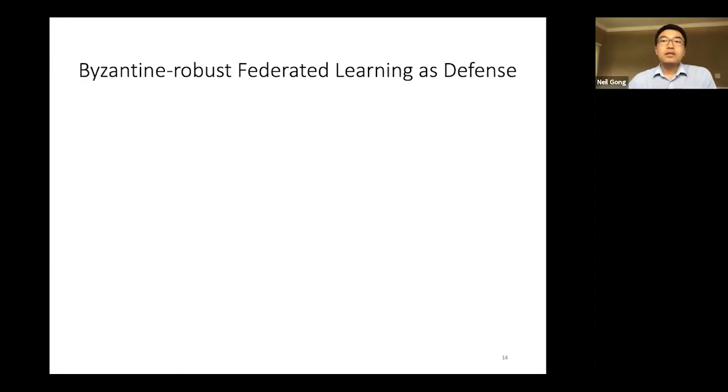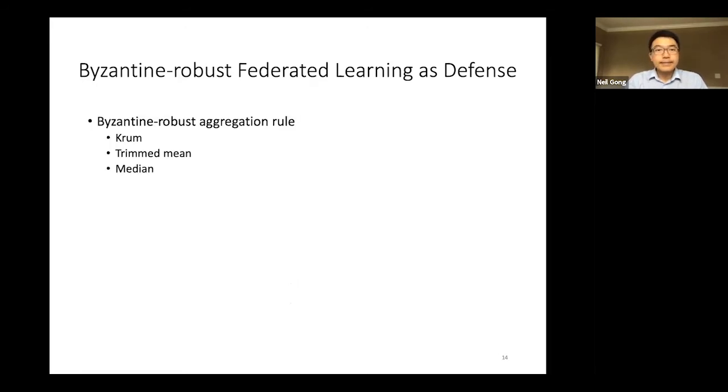To defend against these poisoning attacks, the machine learning community has developed multiple Byzantine-robust federated learning methods. Recall that federated learning has 3 steps in each iteration. These Byzantine-robust methods essentially use Byzantine-robust aggregation rules in step 3, instead of the average aggregation rule used by FedAvg.